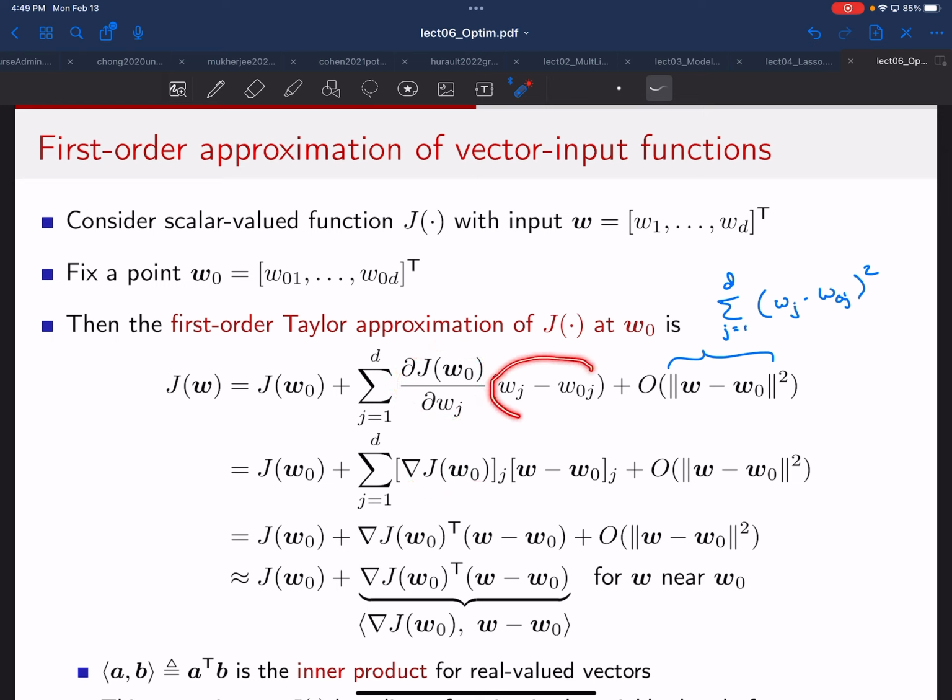Similarly, you can think of this as the jth term of this difference vector, w minus w naught. Okay, so we have a sum over j of the jth term in this times the jth term of this, and nothing changed with the last one. Now that we have this, hopefully you can recognize it. If I have two vectors and I do a pointwise multiply and sum them up, that's nothing more than the dot product, or the inner product.